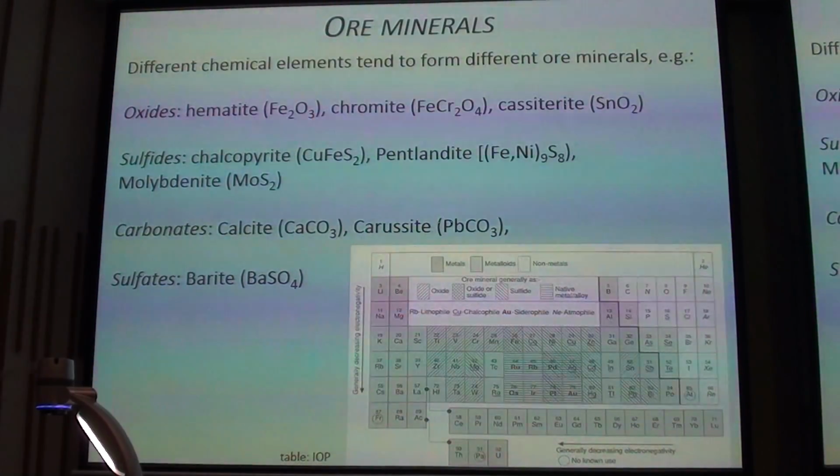Hematite, chromite, cassiterite are examples of oxides. Chalcopyrite, pentlandite, and molybdenite are examples of sulfides, and carbonates and sulfates also can be used to extract useful metals.